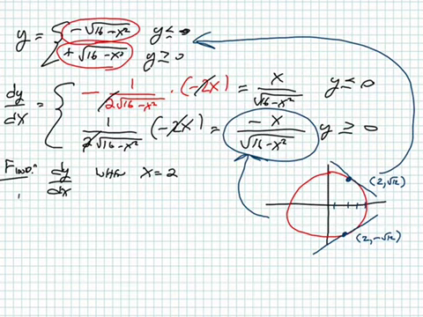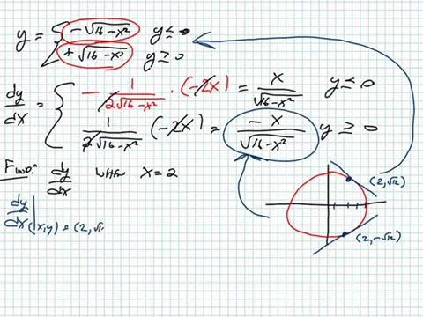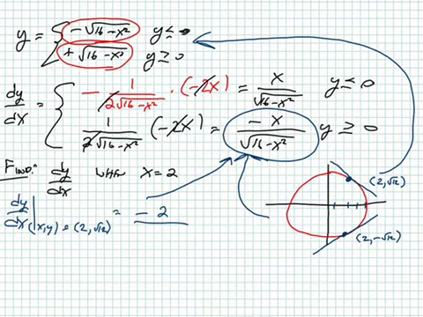So dy dx when my x, y is equal to the top point, which is 2, square root of 12, I'm just going to put 2 and square root of 12 into this derivative. So this is going to be minus x, which is 2, divided by the square root of 16 minus x squared, which I know is the square root of 12. And so I've got a negative slope here, negative tangent line, and so that agrees well with that.